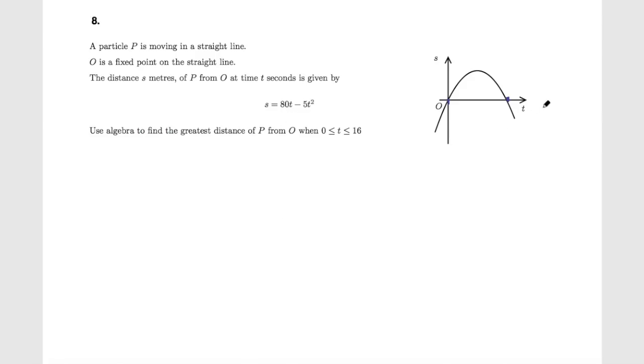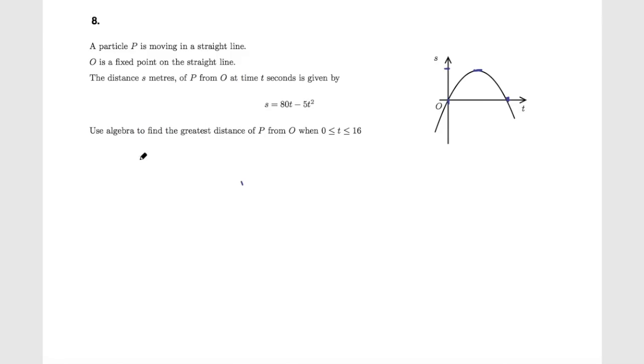So the first thing you need to do is to identify where will the greatest distance be. Well, that will be at the top of this graph here. If s is the distance from O, then we want the highest possible value for s.